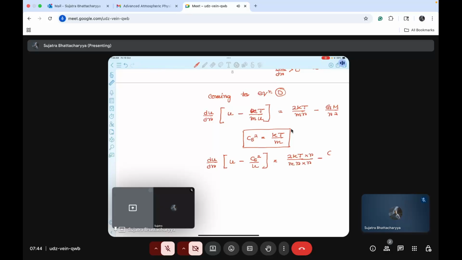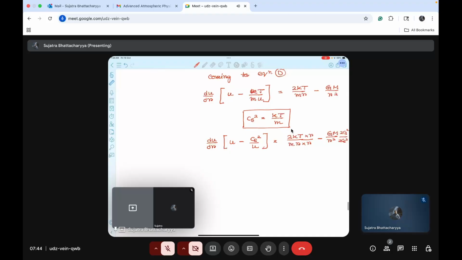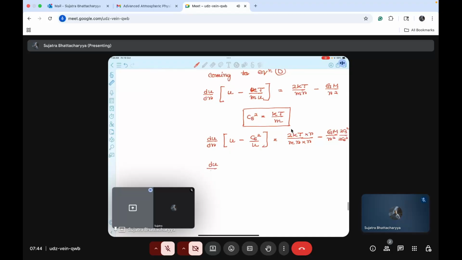And in the second case, where r square is there, I multiply by 2cs square and divide by 2cs square. So what you get? du/dr, u minus cs square by u. This will be 2kT r divided by m r square.